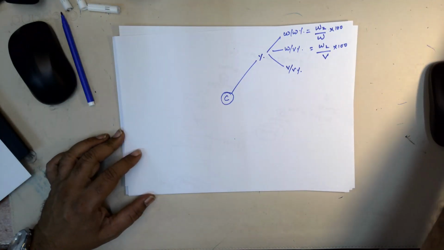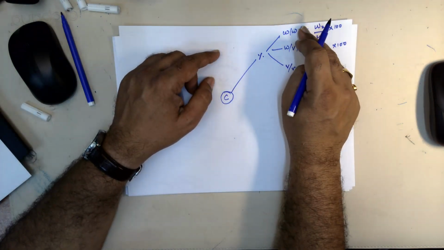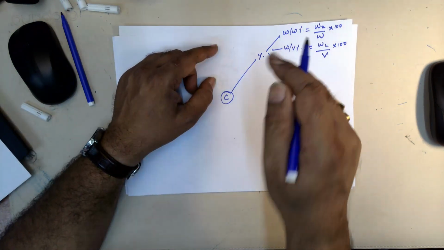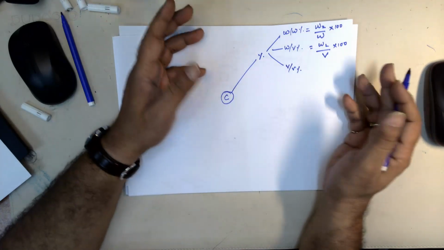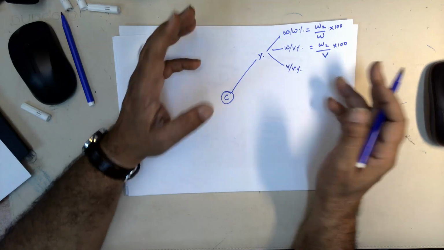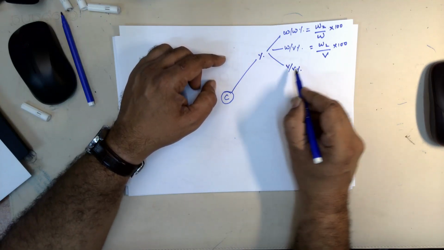Now let us proceed with the other set. In percentage, we have W by W percentage, W by volume percentage, and volume by volume percentage. In case of a liquid dissolved in another liquid, like milk dissolved in water, you can make use of volume by volume percentage.